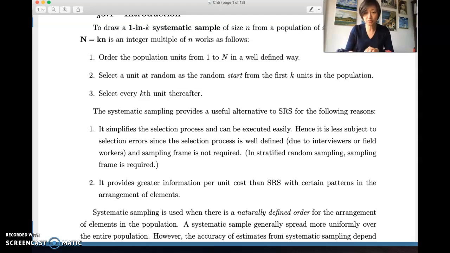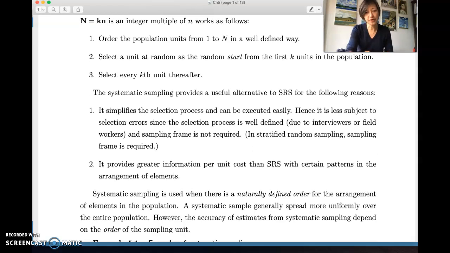But one caution with simple random sampling is that even though we randomly choose some of the sample from the population, the random numbers could be clustered in a certain area. So even though our intention is to choose randomly, systematic sampling is really spread across the entire population if we order the population in a proper way.